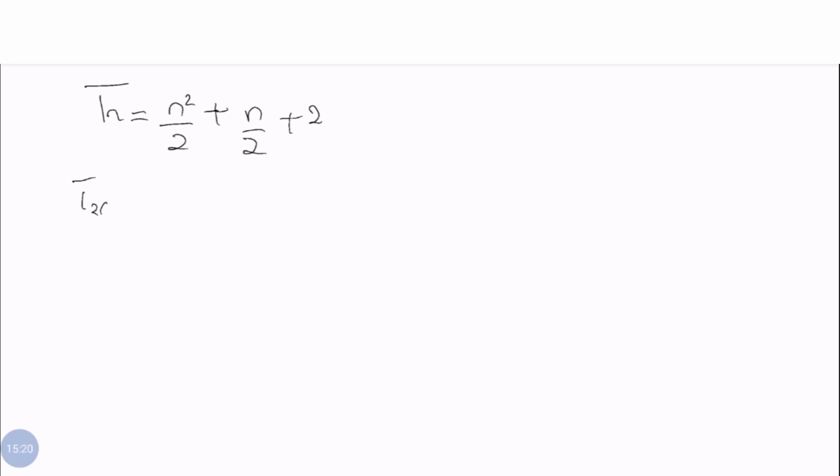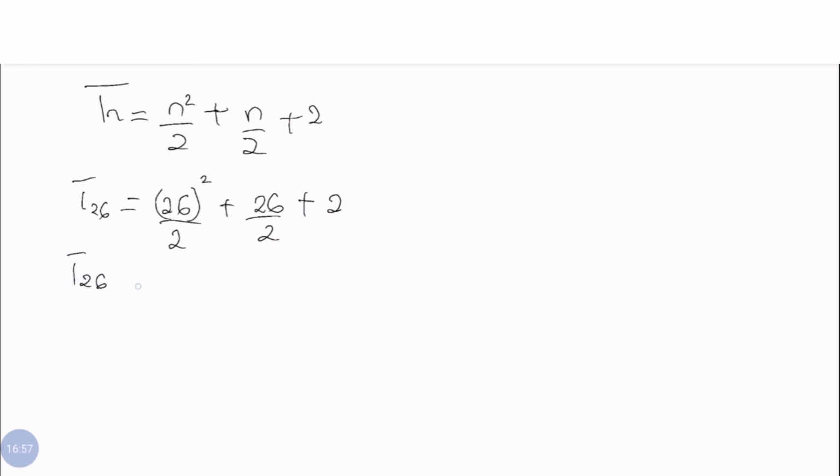T26 is equal to 26 squared over 2, because wherever there is n we substitute with 26, plus 26 over 2 plus 2. Oh, sorry, this is actually over 2, because we have a 2 here as well. So now that we have this, we can determine T26.